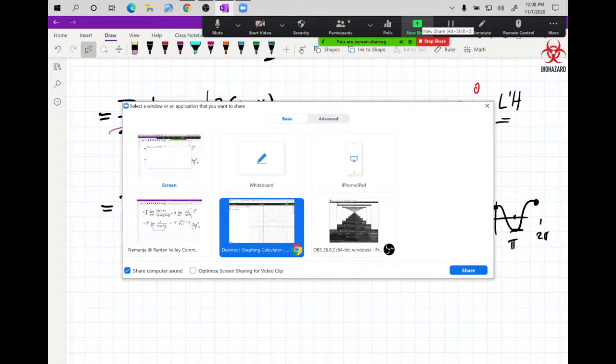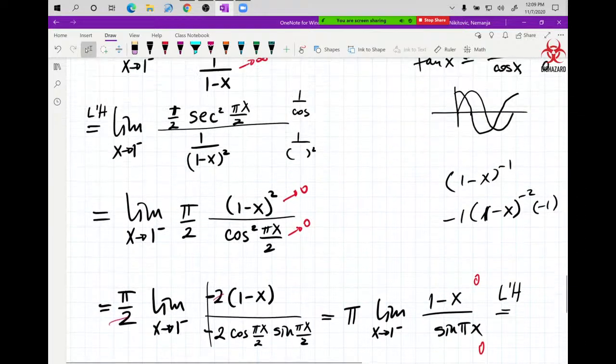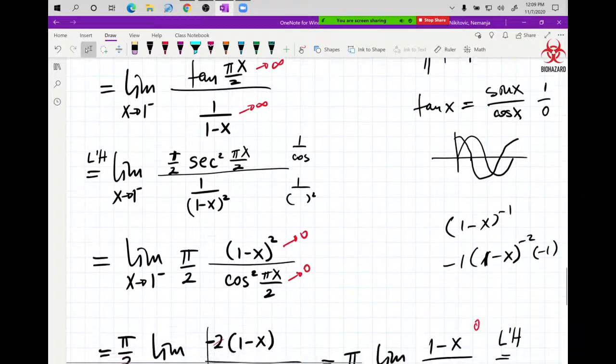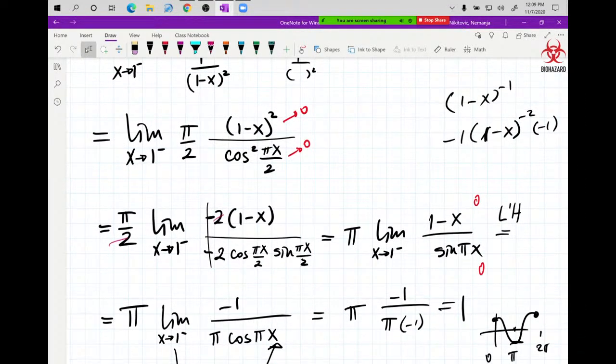New share, go back to this thingy and share. There we go. Where's my pi over 2? It was probably when I took, there it is. So when I took this derivative, I need to kick a pi over 2 out.